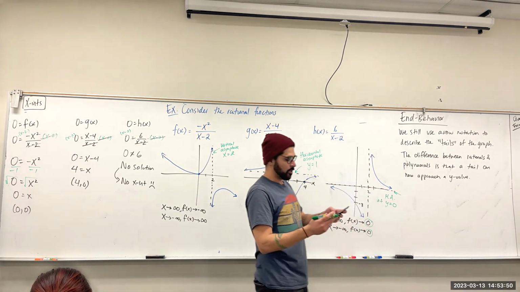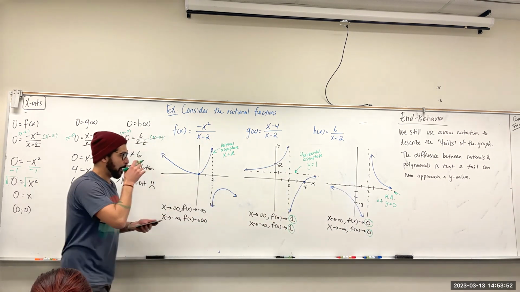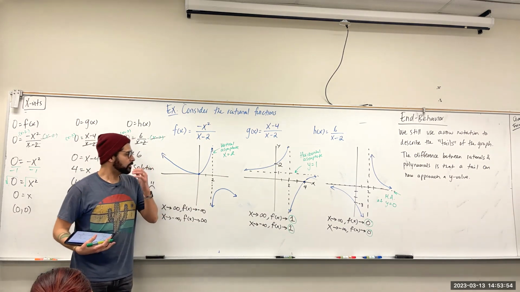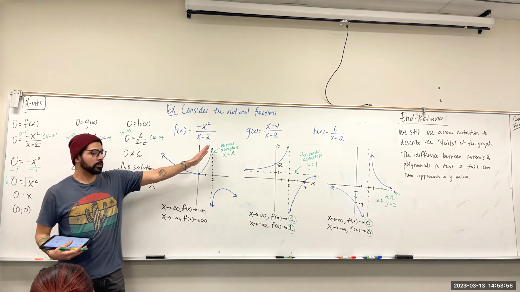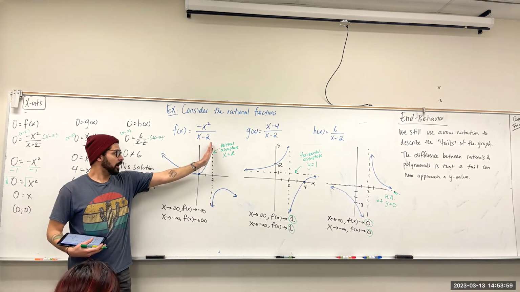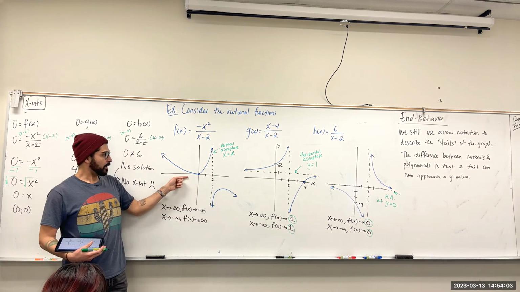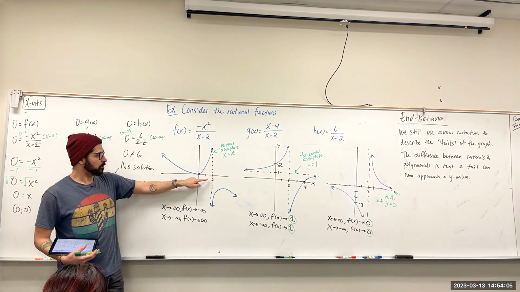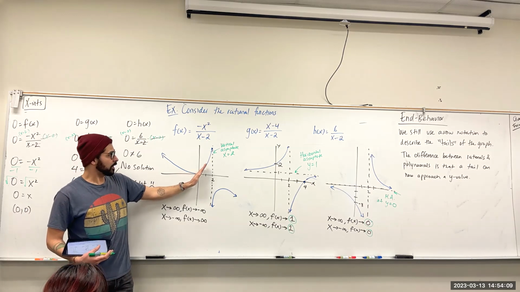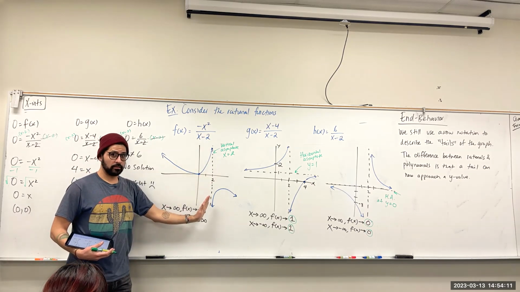Okay. New notation. I now want to tell somebody what the graph is doing at the vertical asymptote. As I'm getting closer to the number 2, the graph is getting closer to x equals 2, right?